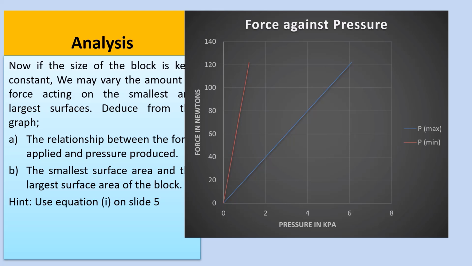That equation on slide 5 is giving us the hint. You can pause this video or go back and see that equation if you've forgotten. It was pressure equals force over area. Then try to rearrange that equation to fit the equation describing these two straight lines.